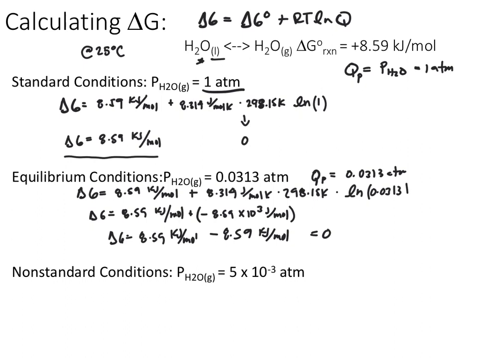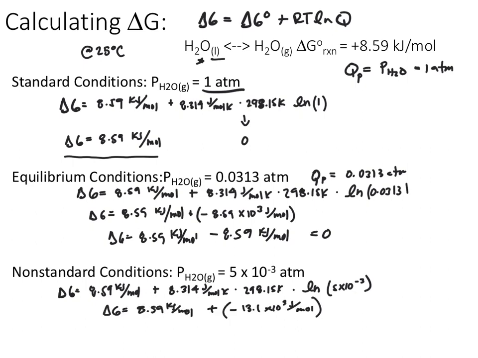In this case, the pressure of the gas is going to be 5 times 10 to the negative third atm. We're going to do the same process we've done, plug in our values, and check our answers. We've plugged this in, and we end up with the following values in our calculator. Once again, we end up with joules and kilojoules, so we need to make that adjustment.